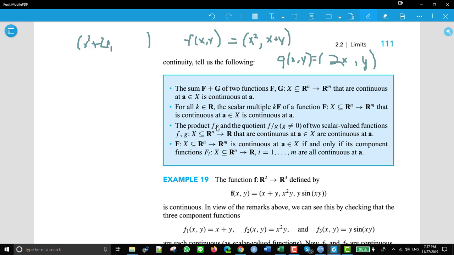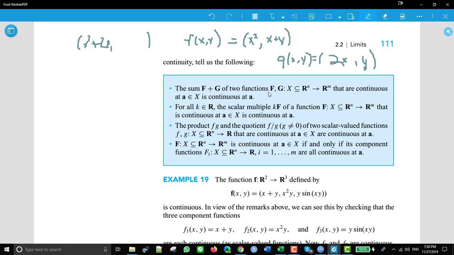And here we have two scalar valued functions, f and g. Then their product, f times g, and their quotient, f divided by g with g not equal to 0, are going to be continuous. And then this one: a function f is continuous at a if and only if each of its component functions is continuous.